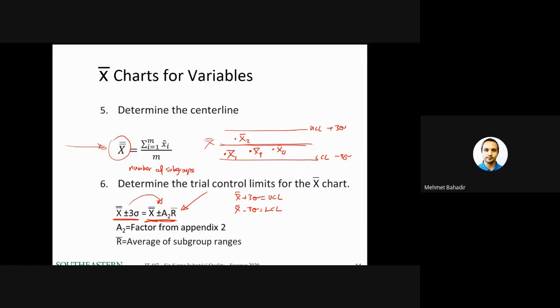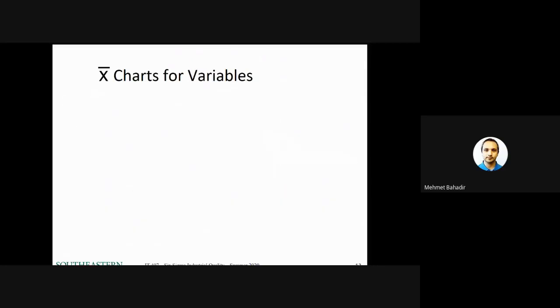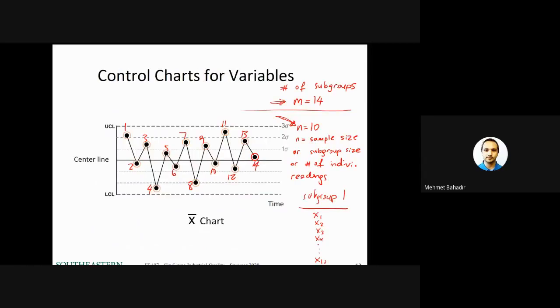And what is R bar? R bar is the average of all the ranges for each subgroup. So what does it mean? If we look at this example, you have 14 subgroups, and each subgroup will have a range, right? Let's consider the first subgroup.